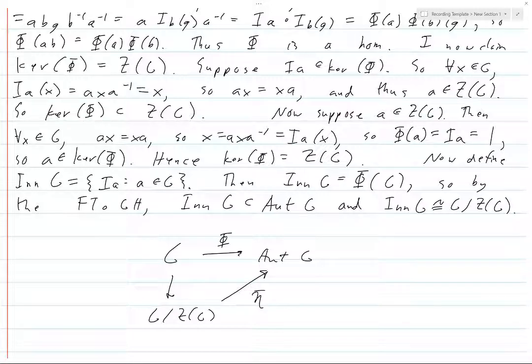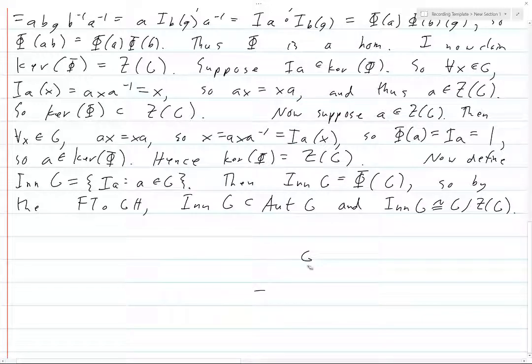We got to prove that Inn(G) is a normal subgroup of Aut(G). Is there an easy way to do this using the fundamental theorems of homomorphisms? Maybe, but I'm going to do it directly.